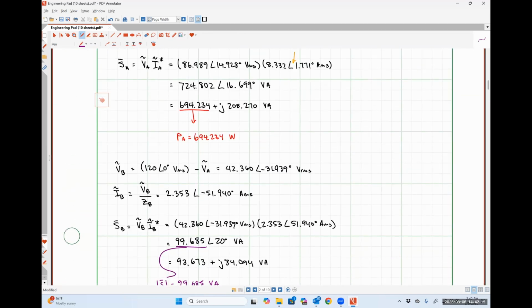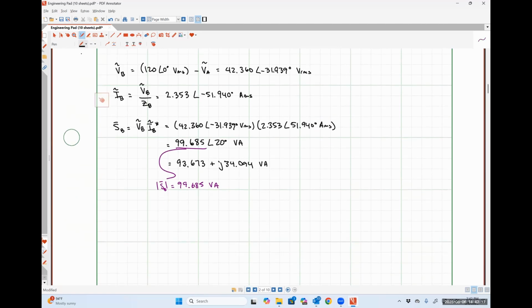So we can say that VC is simply the same thing as VB, which is just that 42.360 with an angle of negative 31.939 degrees volts RMS. From this, IC is just going to be VC over ZC.